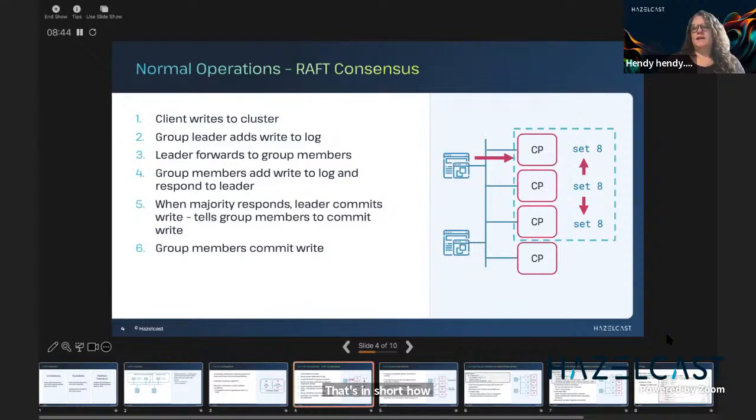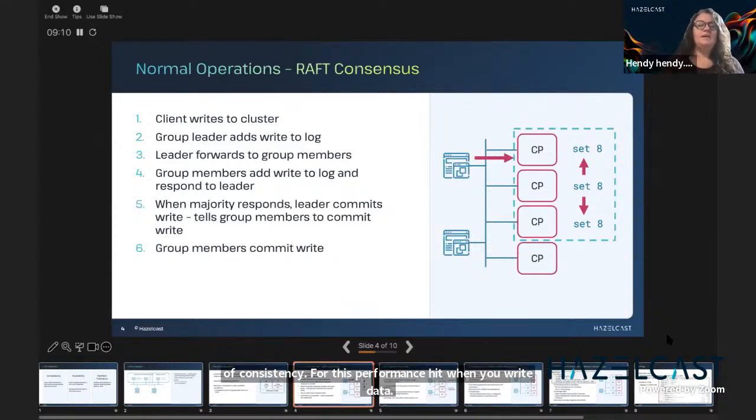So we have to go through those steps, and the first thing anybody should say is, wow, that's slow. Compared to an AP system, Raft does slow things down, but you're trading a guarantee of consistency for this performance hit when you write data. Now, this is only when you write.